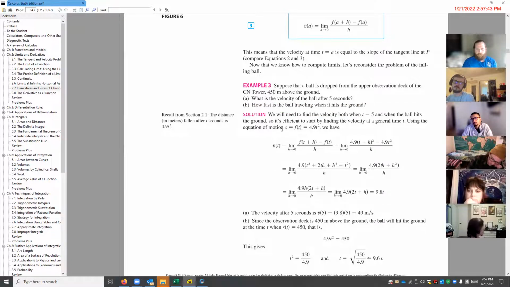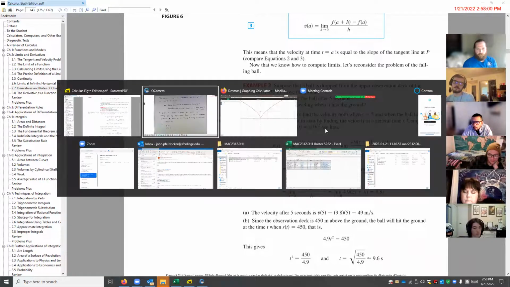What we would need, of course, is the displacement function, right? So let me parse this in the language that we're using here. What function? 4.9 t squared.